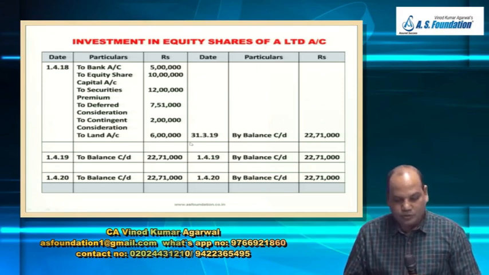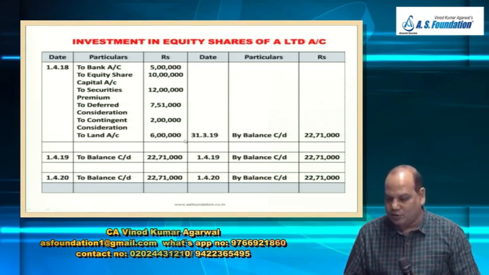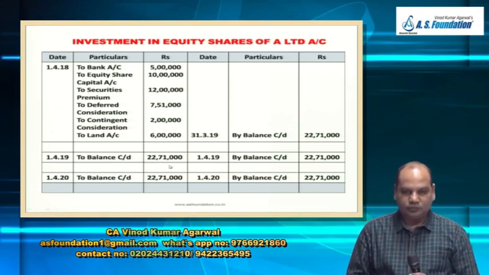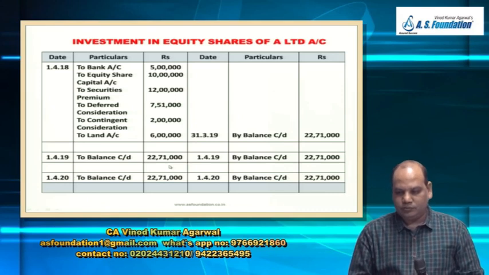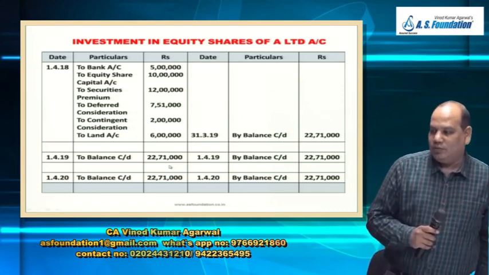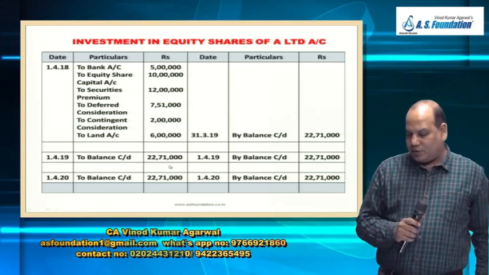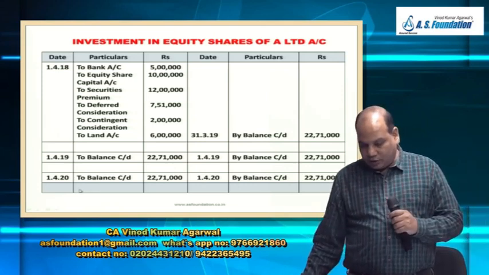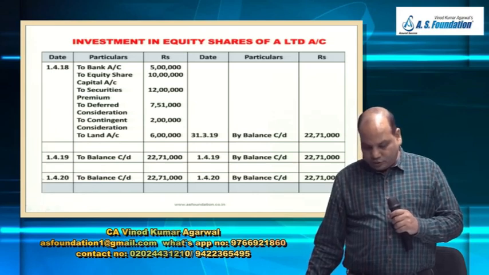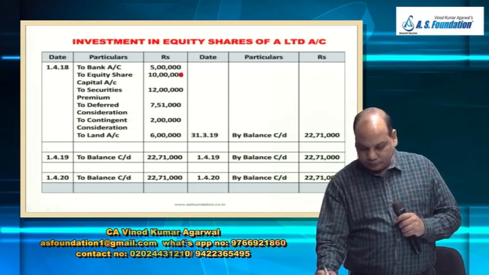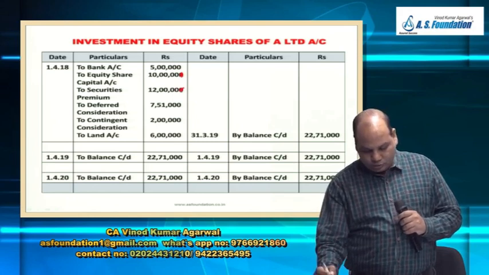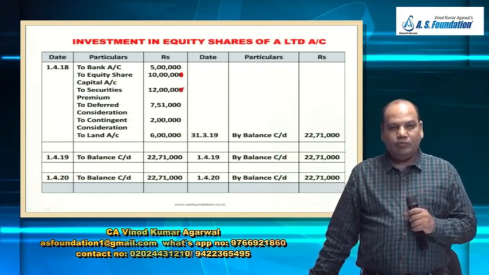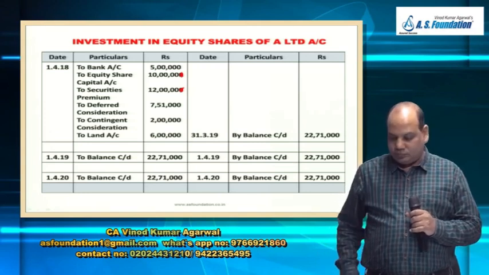No. So you'll follow cost method. Only on day 1 you write the cost and subsequently carry forward the balances. So write down, same thing you copy again on the debit side. To bank account 5 lakh. To equity share capital account 1 lakh. To securities premium 1,20,000.